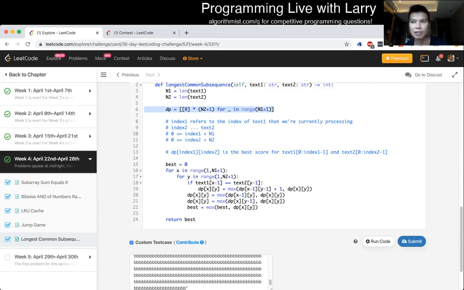So what are the trade-offs, right? The thing with top-down is that in some problems, not all the states will be visited. And in that case, where not all the states are visited, it'll be faster because you're not visiting all the states.